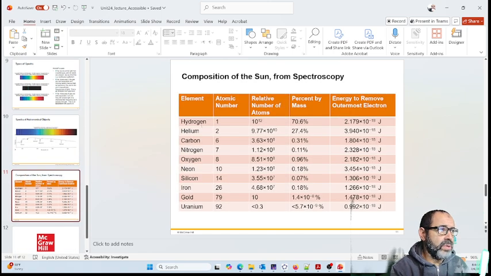We run this for the sun, and we find that 70.6% of the sun is actually hydrogen, and 27.4% is helium. If I add these two numbers, I'm already at 98%. So the 2% that remains is just traces of the other elements.